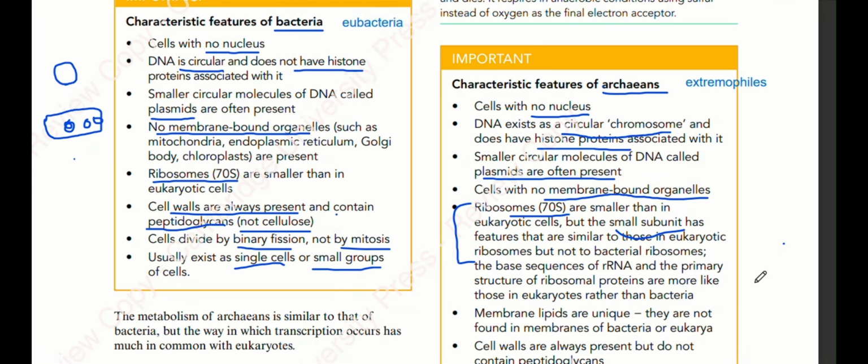So, as I told you, although ribosomes are smaller in size, at 70S, which is like the bacteria domain, the other half says that the base sequence of the ribosomal RNA of the smaller subunit and the primary structure of ribosomal proteins are more like those in the eukaryotes rather than bacteria. So very interesting thing.